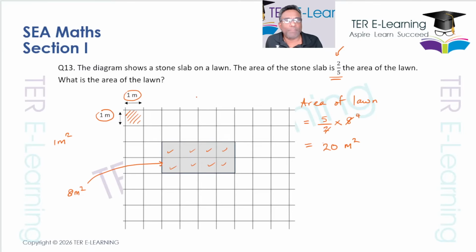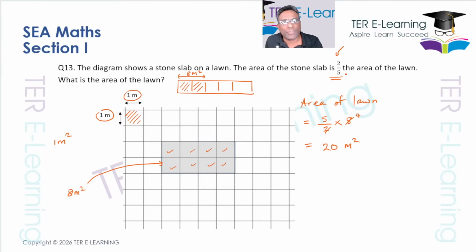Now, some people have trouble understanding something like this, but basically this is what's happening here. We are dealing in fifths. You have 2/5. So let's draw a diagram here to represent 1, 2, 3, 4, 5. Now, 2/5 the area of the lawn is the area of the stone slab. So 1, 2, so that's 2/5 I'm shading here, and that represents your 8 meters squared.